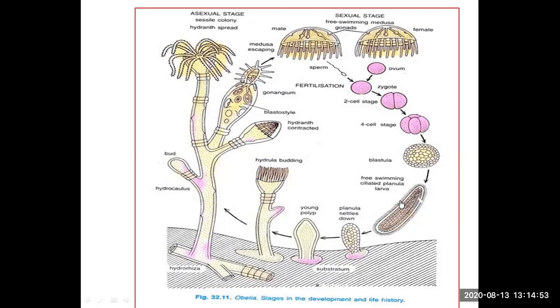It is a free ciliated planula larva. The planula larva settles on the surface of the sea bottom. The planula grows into a hydrula, the hydrula into a polyp, so the adult Obelia forms. Thank you.